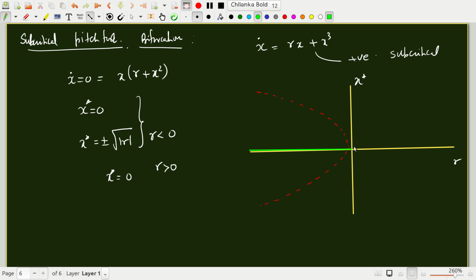There's no doubt that this solution has become unstable. The original x star is equal to 0 solution has now become unstable, but two other solutions also are present for r less than 0, and they are unstable solutions.